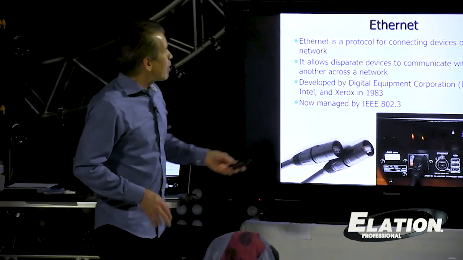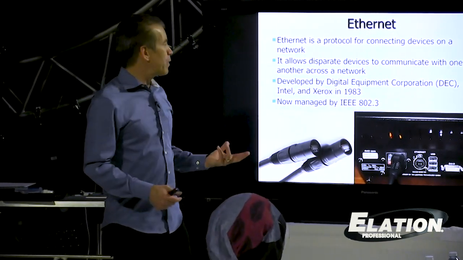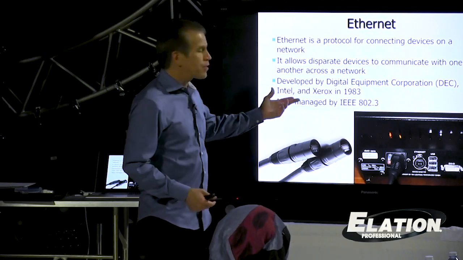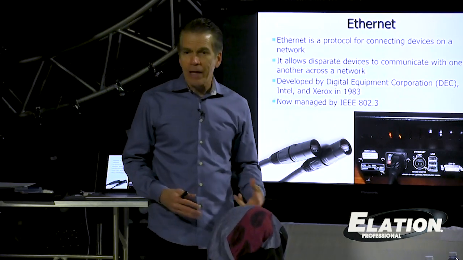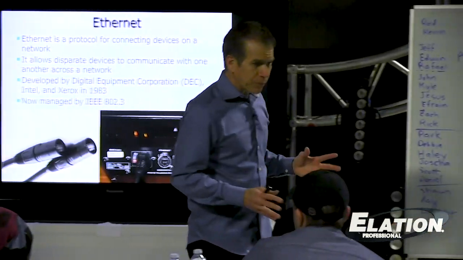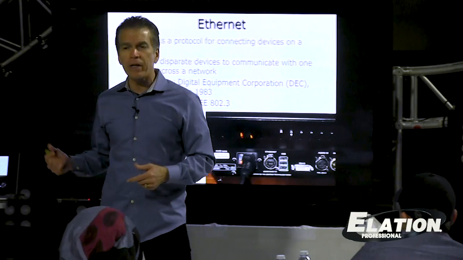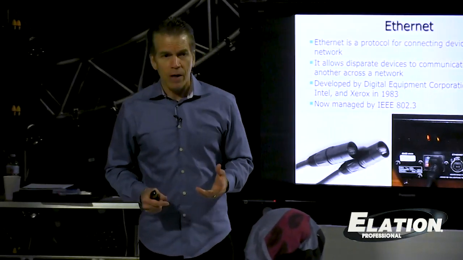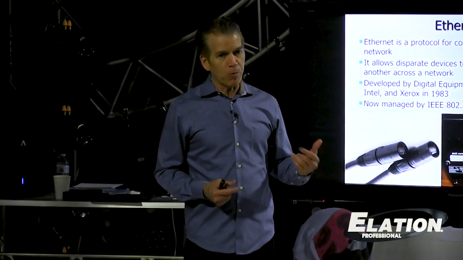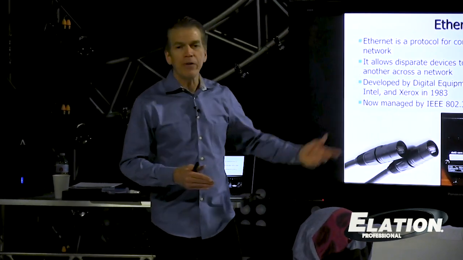So it came out in 1983, and it was actually developed by 3 companies. Digital Equipment Corporation, Intel, and Xerox got together and created this protocol. Now, at that time, in 1983, there were lots of competing networking standards. When I started working at High-End Systems, we used Novell Network, which is a competing standard to Ethernet.